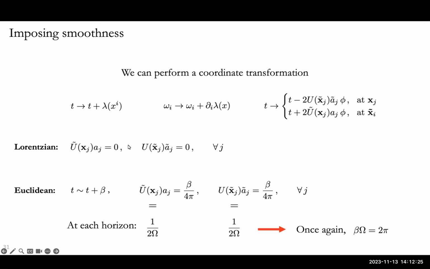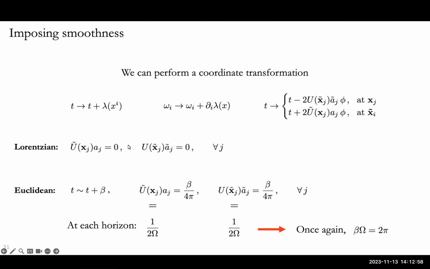But now in Euclidean signature, I want to compute the partition function, so one needs to make time periodic. And in this case, this coordinate change is valid if at the same time, through the change of t, T changes by a factor of beta. So this is only possible if A times U tilde is beta over 4 pi, and U times A tilde is beta over 4 pi.